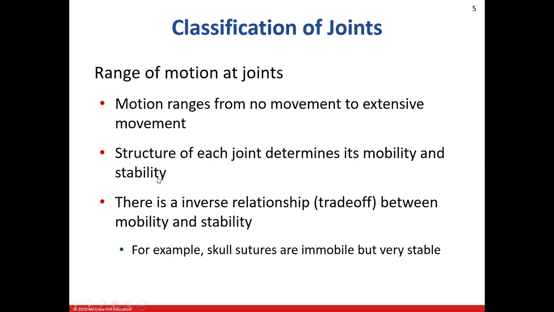When we look at the joints, there's an inverse relationship, which basically means there's some sort of trade-off between mobility and stability. So essentially, the more mobility you have, the less stability you have, and vice versa. So for example, skull suture joints essentially are immovable, so because they're immovable, they actually become very, very stable.